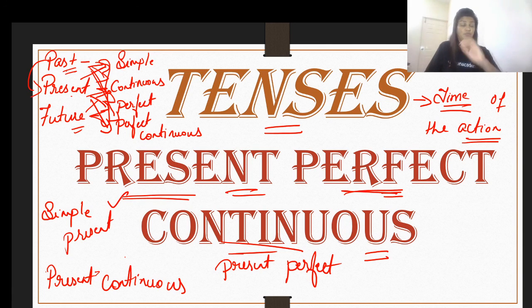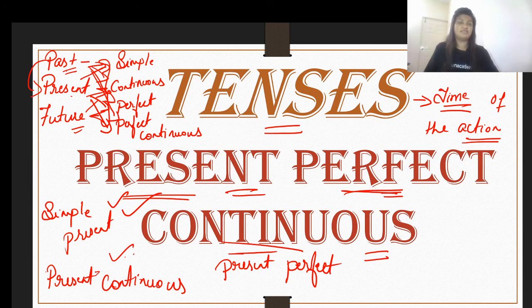What did I say simple present is? When the action is simply mentioned without telling us when the action started or when it is going to finish. There is no mention of the beginning or the ending of the action, but it is simply mentioned in present. That is called simple present. What is the meaning of present continuous?